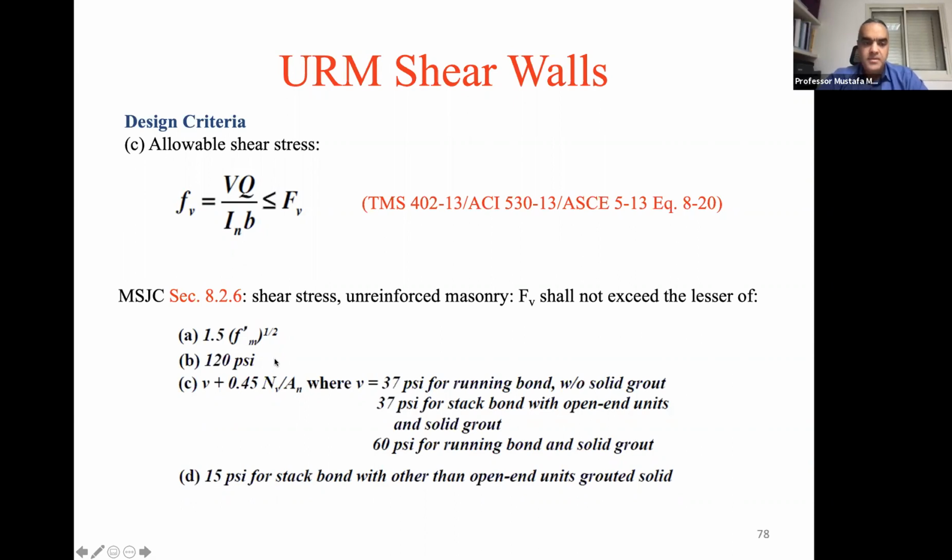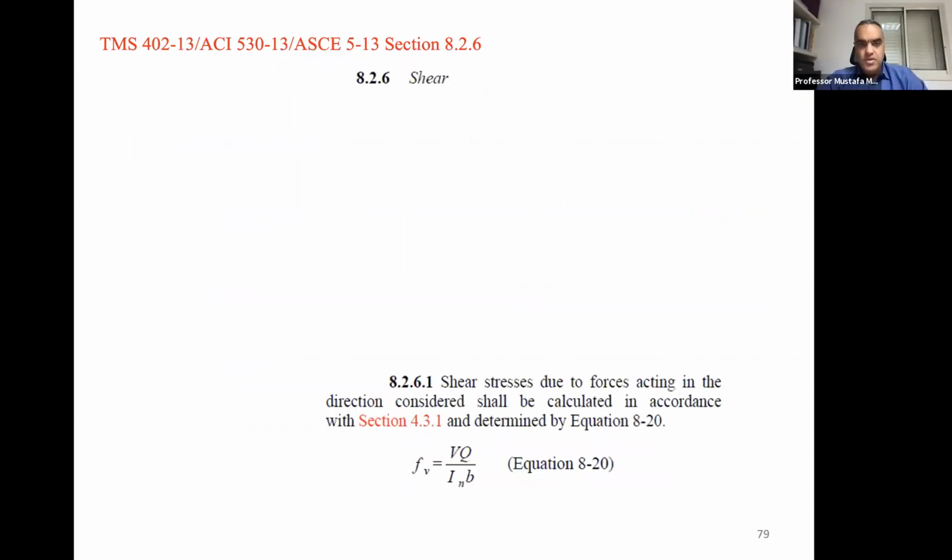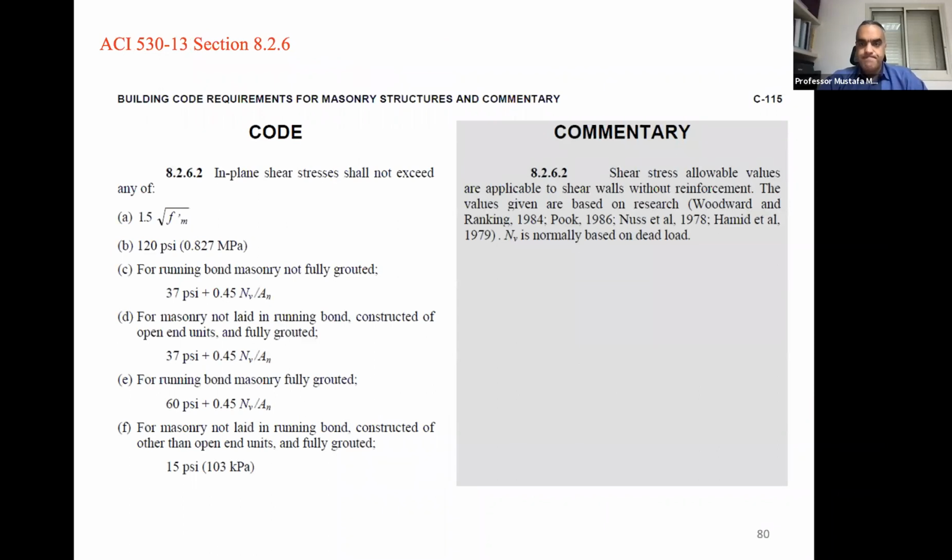Typically we'll go with 1.5 square root of f prime m and 120 psi, and then depending on whether we have a running bond or stack bond, like we showed before, the values may change. That's where this is given in the code.